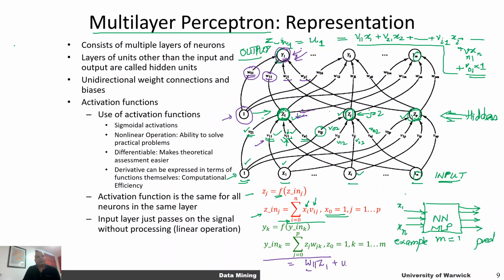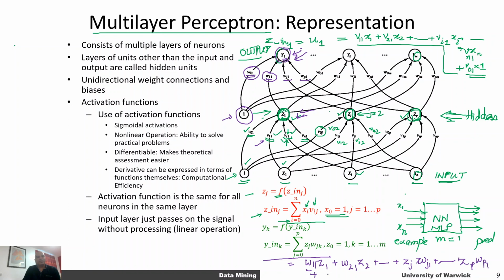Then you have got W21. That's going to be the neuron output of the second neuron of the hidden layer, multiplied with this weight W21, and so on. We can have Zj being multiplied by Wj1, up to Zp being multiplied by Wp1.